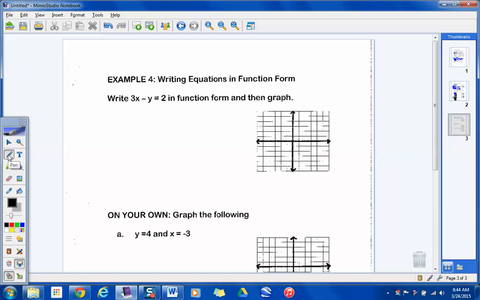Go into your vocab and remind yourself what function form was again by definition. Define function form from yesterday's notes. What's it say about function form? An equation where it's y alone. We got to get y alone, right? Okay, here's the deal. I'm going to kind of give you some rules to this. Show you how this works.